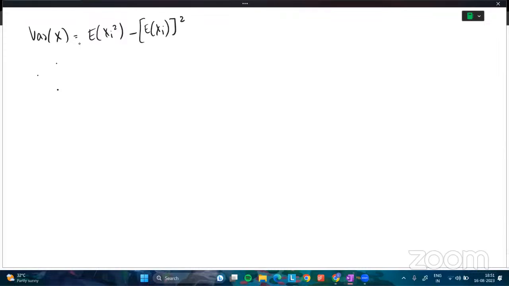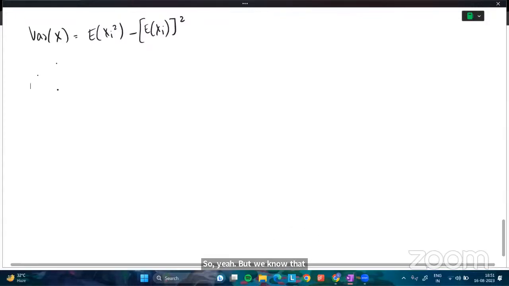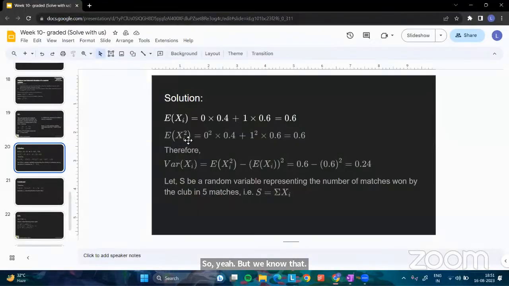So yeah, we know that we can find individually for xi squared and xi.